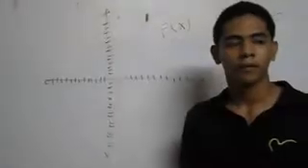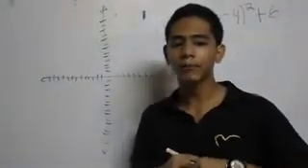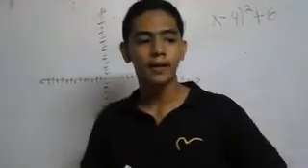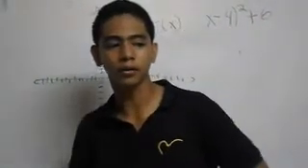I prepared 5 examples of how to determine the direction of opening, vertex, axis of symmetry, and minimum or maximum point of each quadratic function. Given f of x equals x minus 4 squared plus 6.